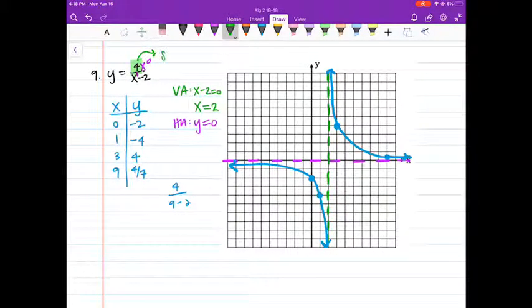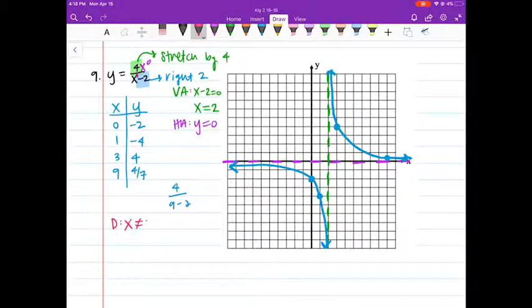That causes our graph to stretch by a factor of 4. And my minus 2 on bottom causes my graph to have a horizontal shift right 2. My domain for this, everything except my vertical asymptote, x cannot be 2. And my range, everything except my horizontal asymptote, y can't be 0.